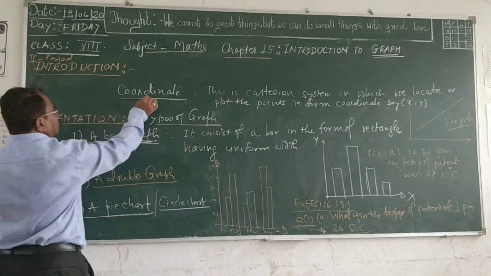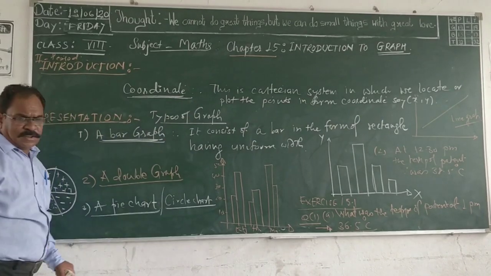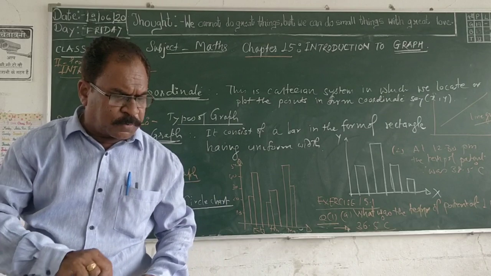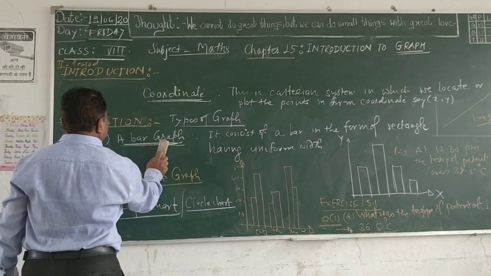So this coordinate system we also have to learn in this chapter. If different points are given, then you should be able to plot these points in the Cartesian system.